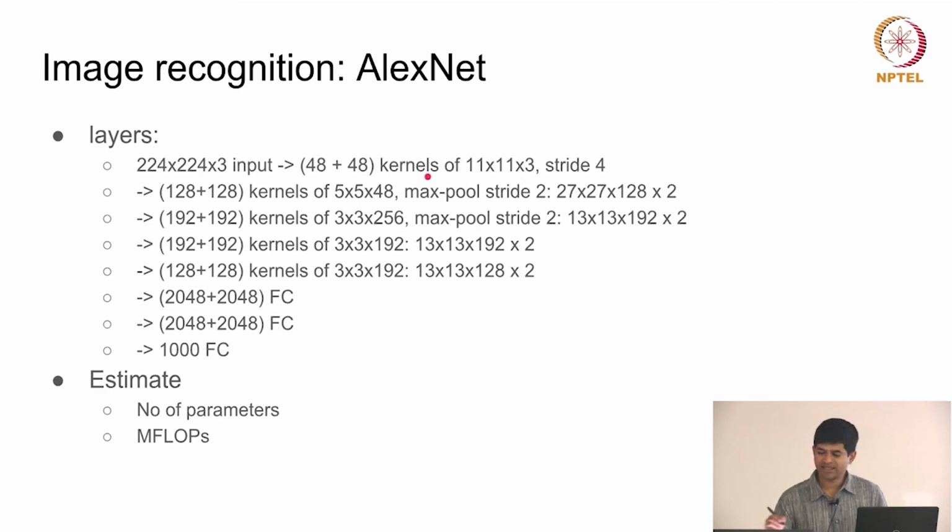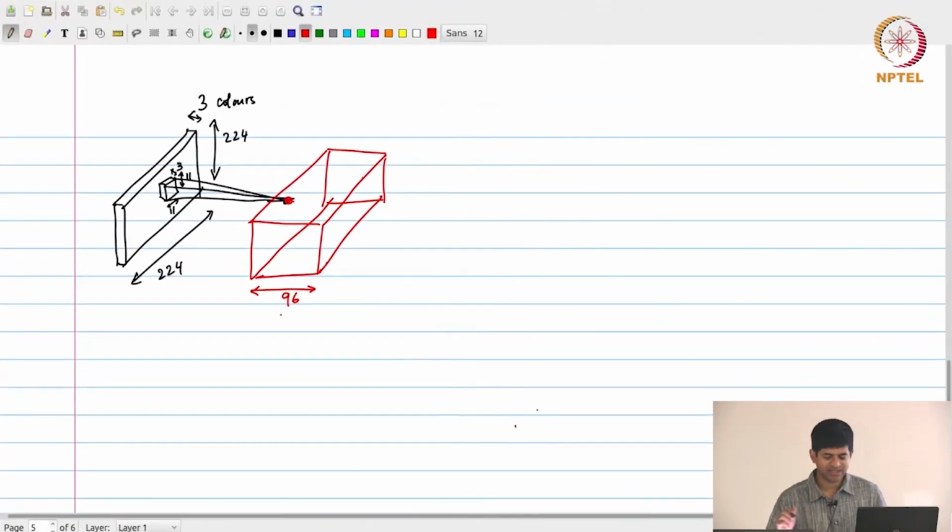But roughly, in order to compute one output over here, it involves 11 into 11 into 3 multiply adds. That is to compute one dot product. The number of outputs is going to be that into, in this case, 55 into 55 because you are doing a stride of 4, etc., and into 96 because there are 96 such outputs.